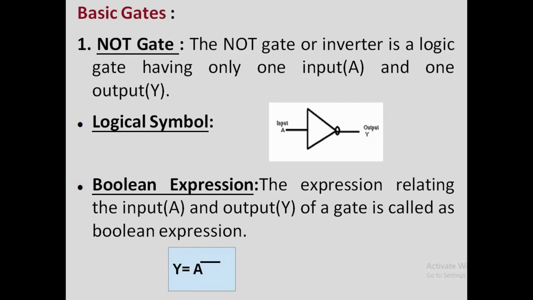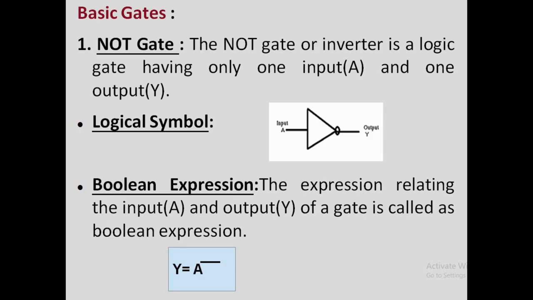Now we see basic gates. In basic gate, first gate is NOT gate. NOT gate is nothing but an inverter which having only one input and only one output. In the diagram it shows the symbol of NOT gate. In symbol there is one input A and one output Y, and at the output terminal there is one circle.